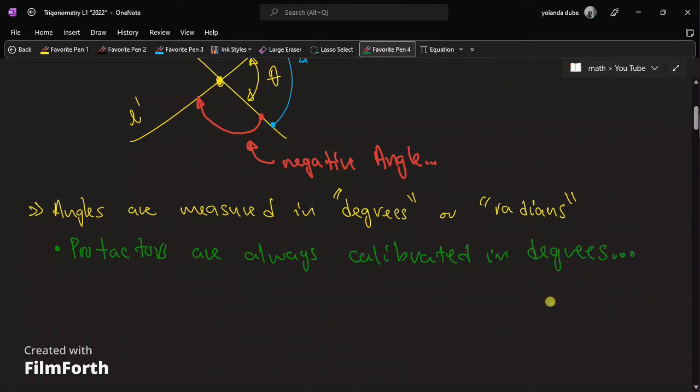So protractors, these devices that we use for measuring angles, are always calibrated in degrees, which means when you use a protractor to get angles, you are always going to get angles that are in degrees all the time. There's no protractor so far which works in the radian mode. The radian mode is a unit that one can play around with when you have a scientific calculator. That's where you can get to experience this unit and see how it relates with the degree.